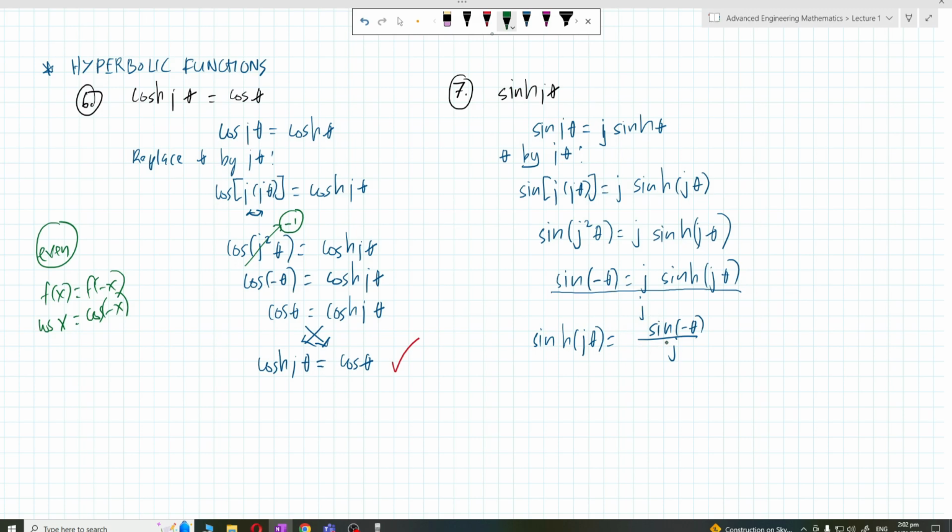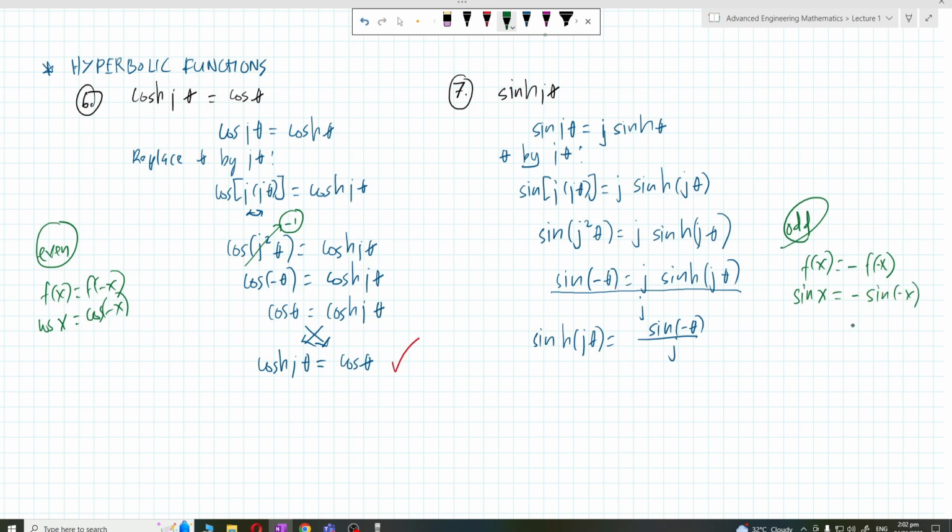Okay, dito naman guys gagamit tayo ng odd function. So paano pag odd function? Odd function guys, yung f of x is equal to negative of f of negative x. So remember guys, sine function is an odd function. So that means the sine of x is the same as the negative sine of negative x.